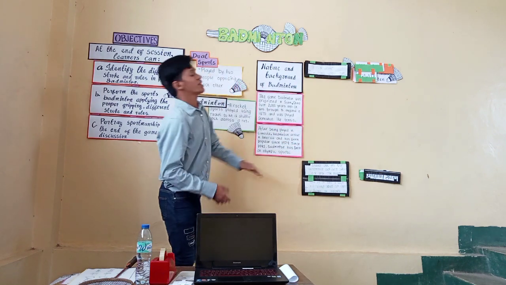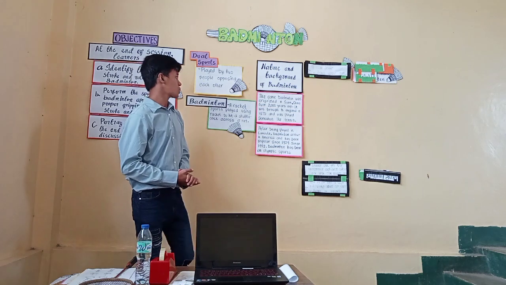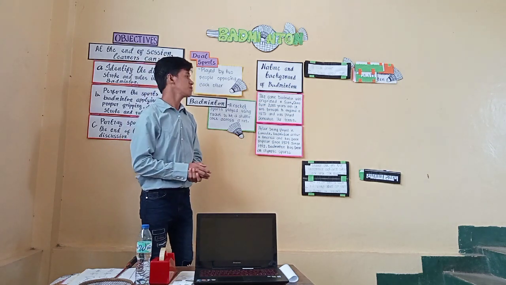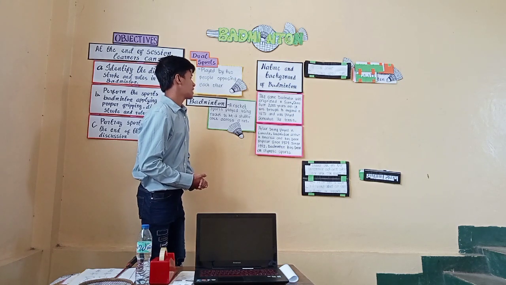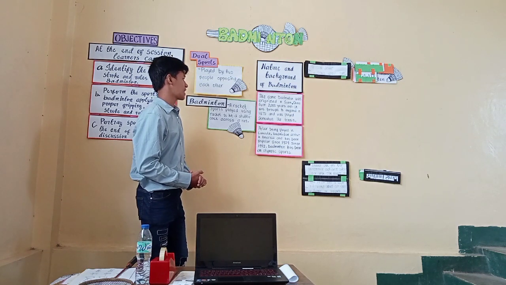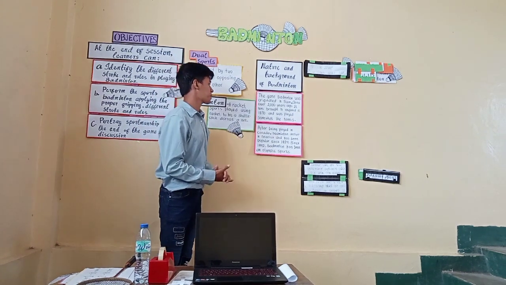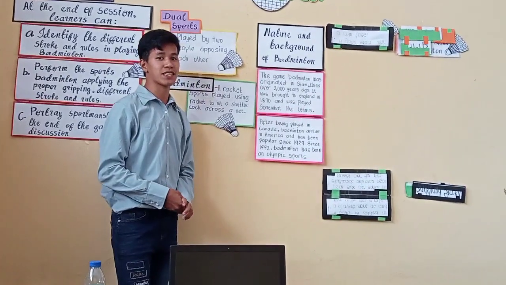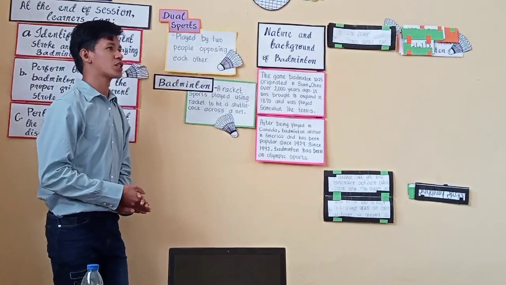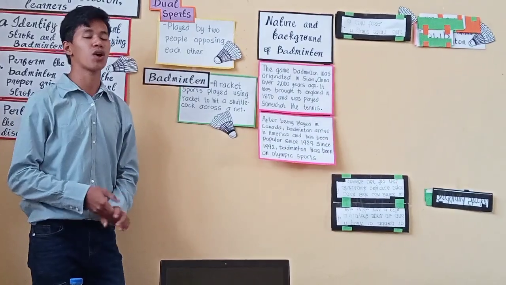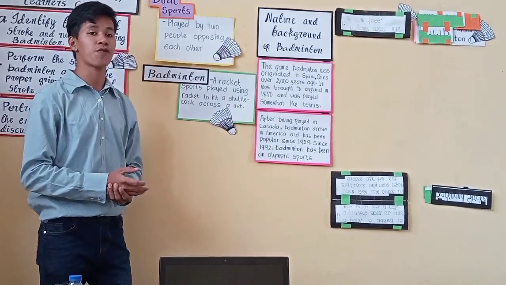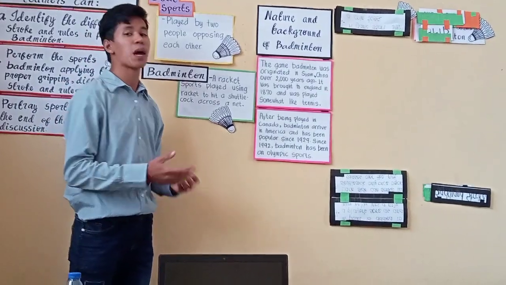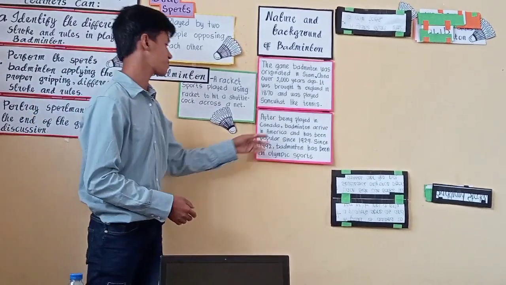The game badminton originated in Siam, China over 2,000 years ago. It was brought to England in 1870 and was played somewhat like tennis. Basically, badminton is just like tennis, with similar grippings and strokes, but they have different rules and proper handling of rackets.